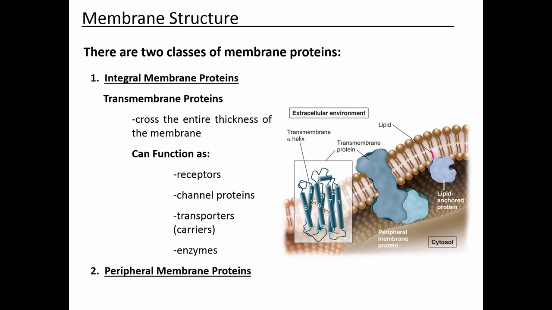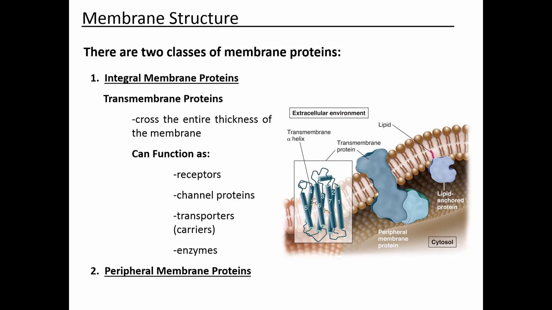Because it crosses the entire thickness, you have a piece of the protein in contact with the fluid on one side of the membrane, a piece embedded in the hydrophobic core, and a piece in contact with the fluid on the other side of the membrane. So you would have those three parts to a transmembrane protein.